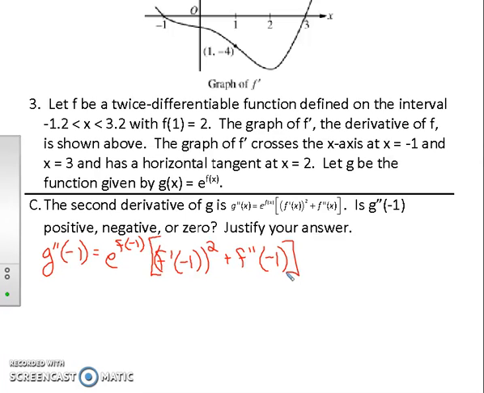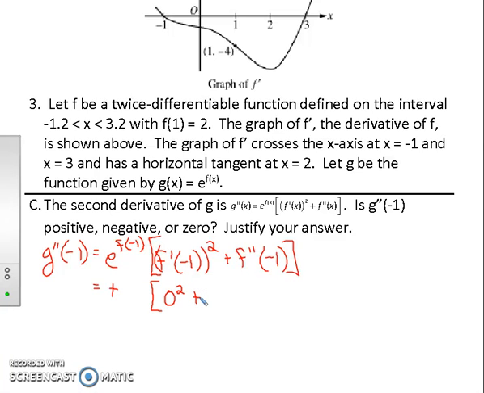Well, e to the f of negative 1, we don't know exactly what that is because we don't know f of negative 1, but we know that it would be positive. And then that's going to get multiplied by the stuff in the brackets. So really we just need to focus on what's in the brackets as to whether it would be a positive or a negative value. So f prime of negative 1, we can see on the graph of f prime, when x is negative 1, this has a value of 0. So this is 0 squared.